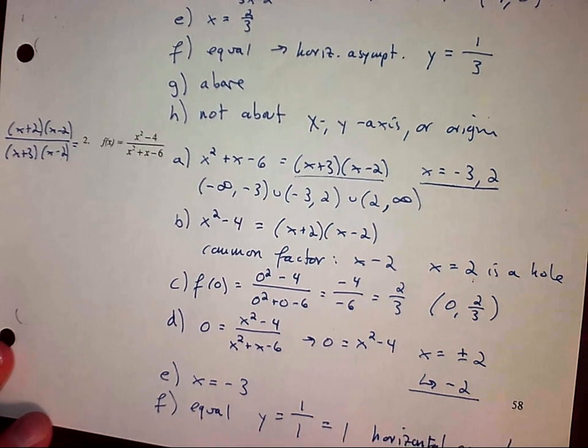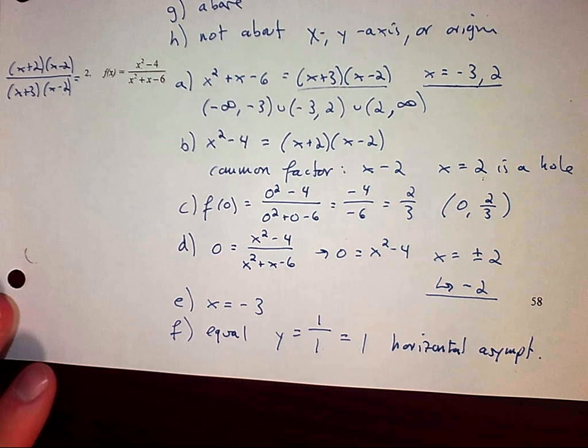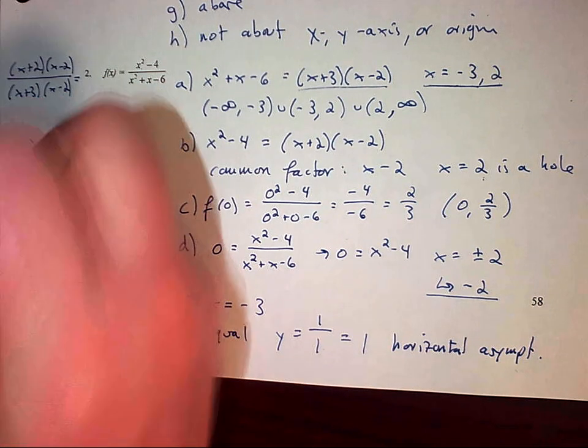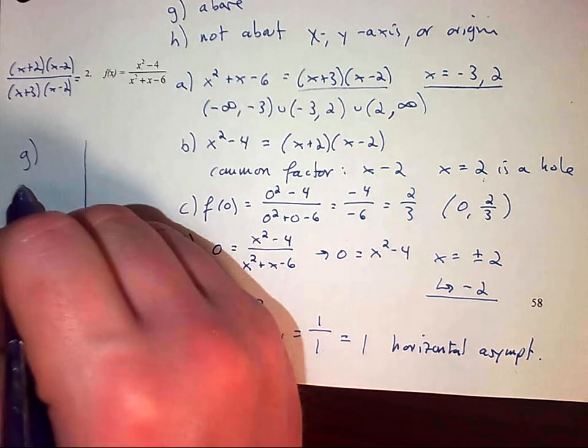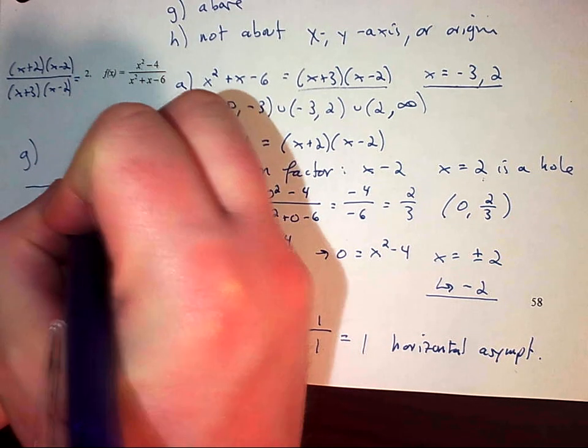All right, now lastly for G, we're going to try to sketch this thing again. So let's see what we have. We have a couple different things right here, but basically we have our y-intercept at 2/3.